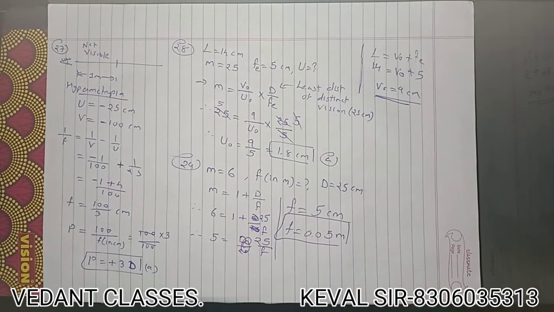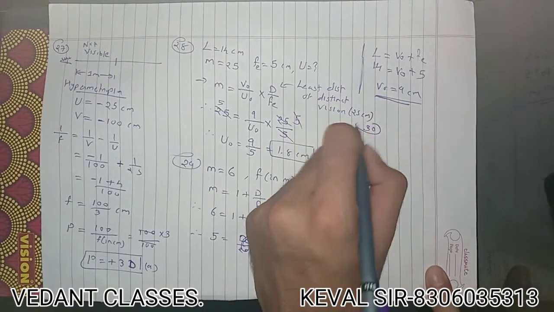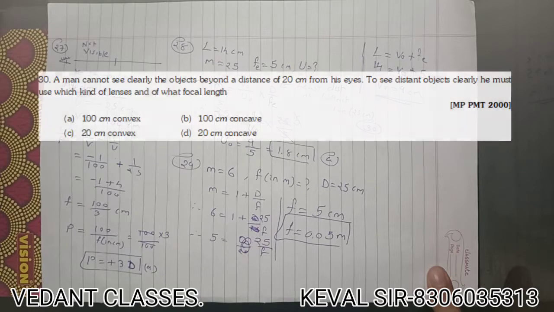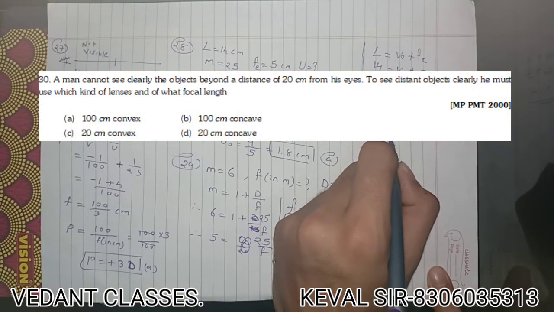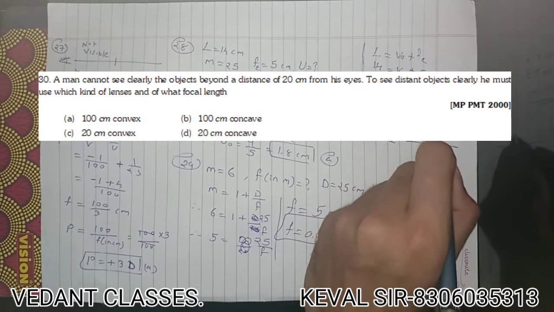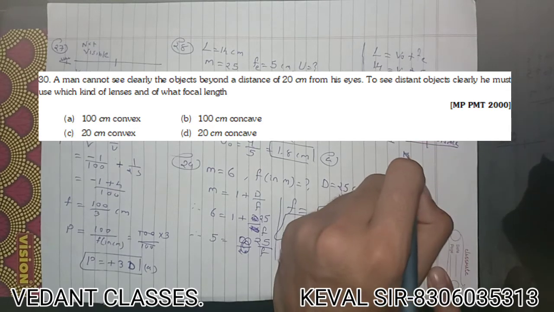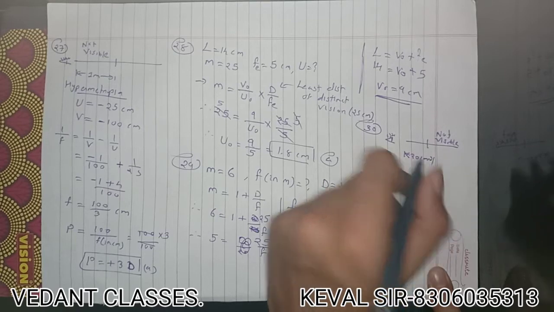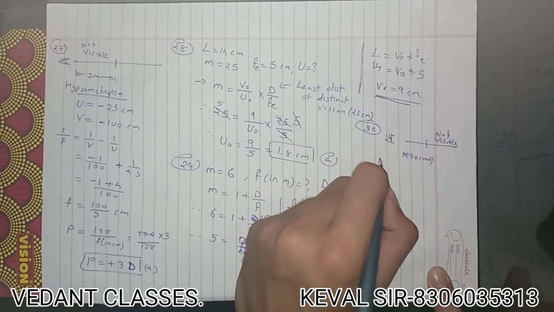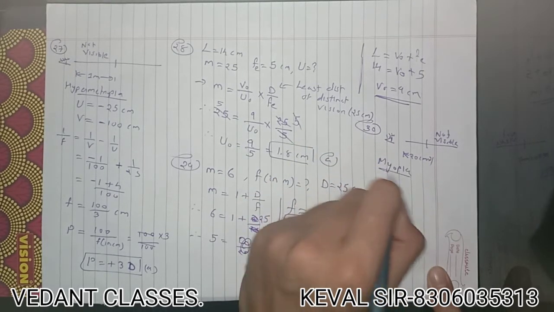Now let's solve the last question that you can see on your screen, question number 30. A person cannot see at a distance more than 20 centimeter; this region is not visible. So this defect is myopia.